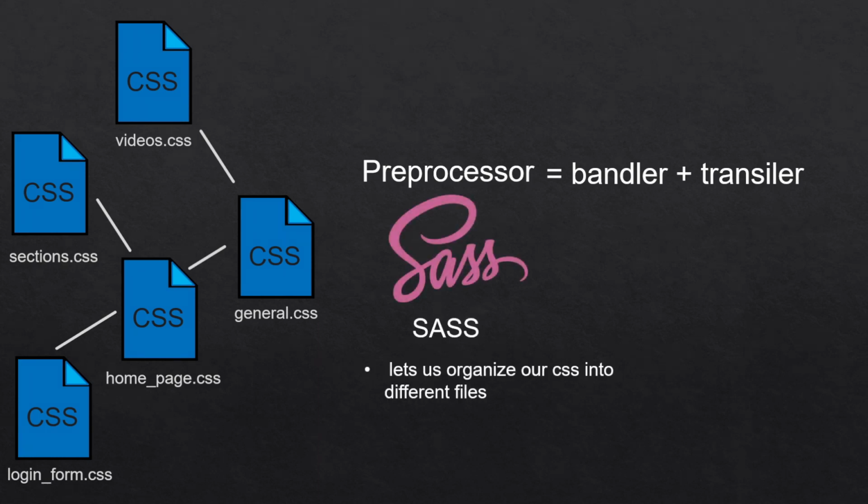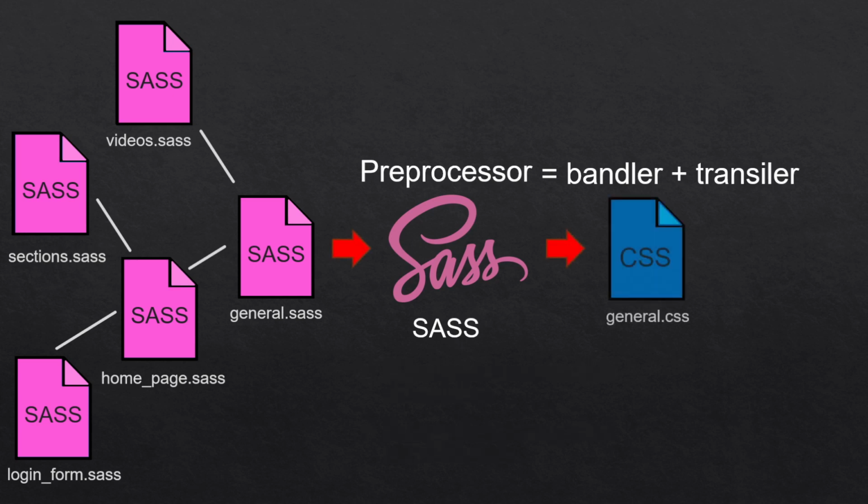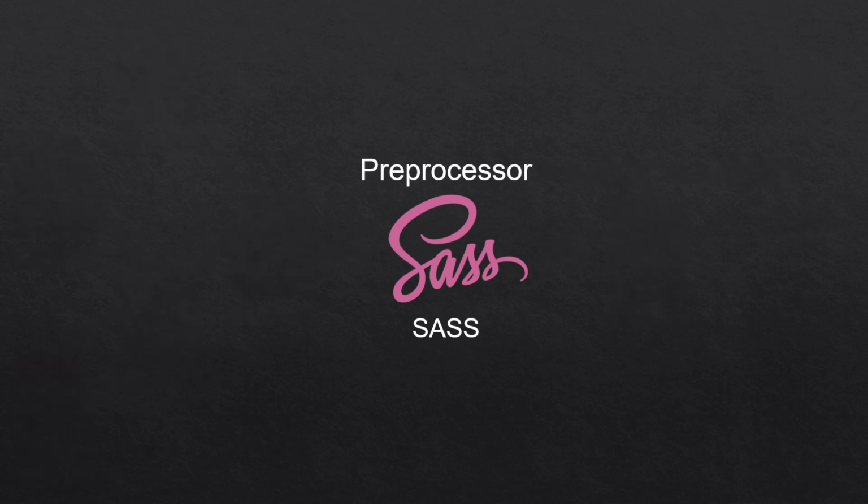Sass lets us organize our CSS into different files, and it lets us write more organized and efficient CSS. And then it will bundle all of those files together into one file. And it will transform the enhanced CSS back into normal CSS. So you can think of it as sort of like a bundler and a transpiler combined.